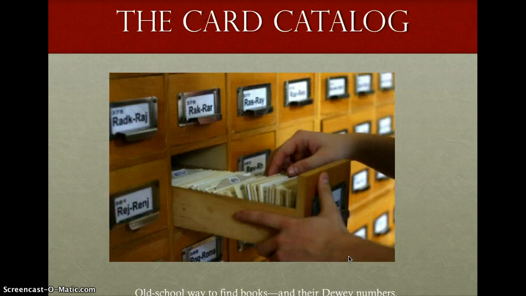In the old days, the card catalog was the way to find books. You would look up books by author, title, or subject, and then the Dewey number would indicate where you needed to find it on the shelf.